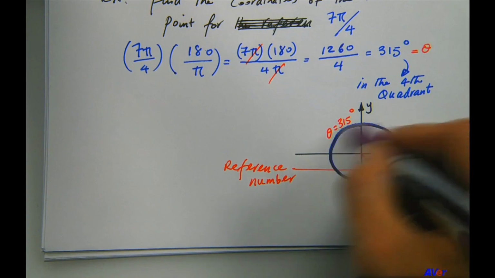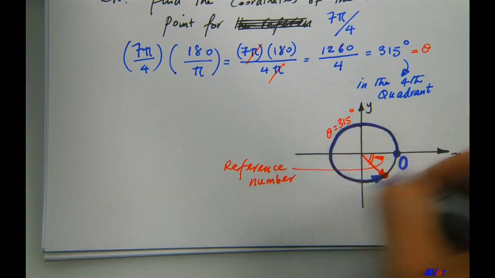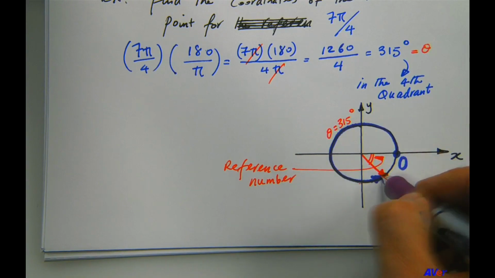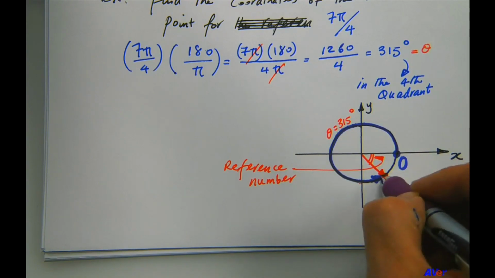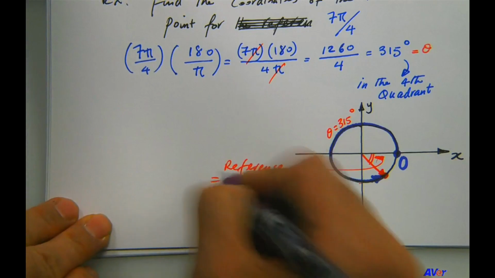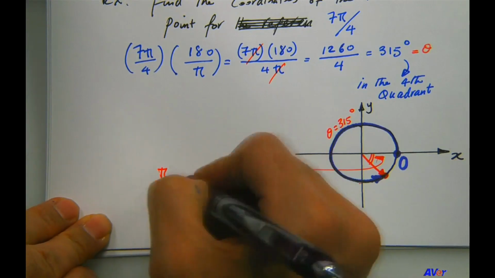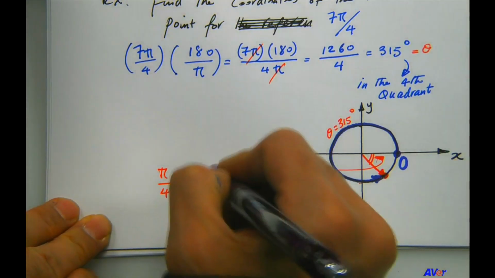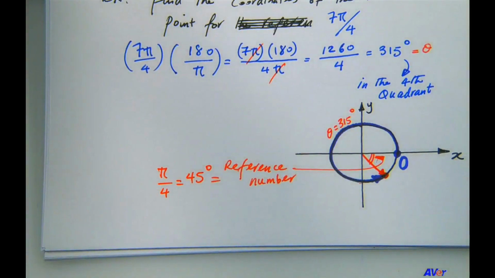Remember, all of this is 360 degrees from one full revolution. So 360 minus 315, we have 45 degrees there. So reference number is pi over 4 or 45 degrees. Okay?